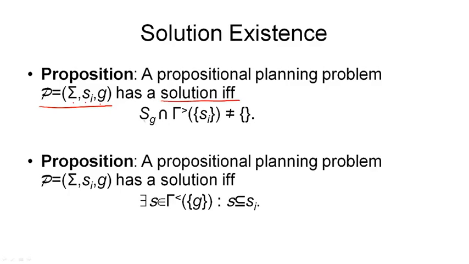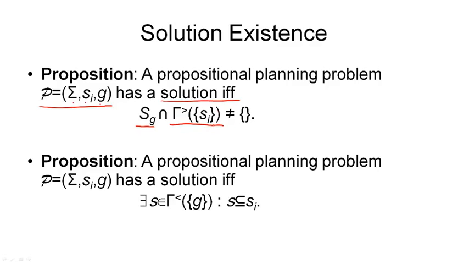And the condition is that the set of all possible goal states intersected with this set here must not be empty. And this set really represents all the states that are reachable from the initial state.